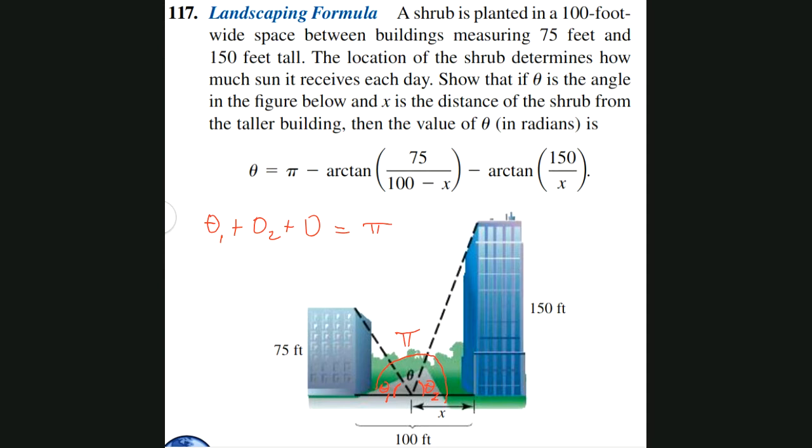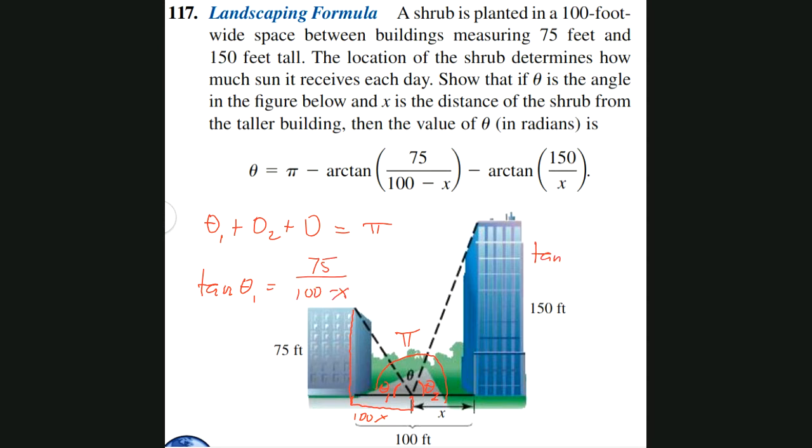Well, we have this distance, that's 75, and we need this distance, which is 100 minus x. Well, that's just opposite over adjacent, right? So tangent of theta 1 is equal to opposite over adjacent. And over here it's the same thing.